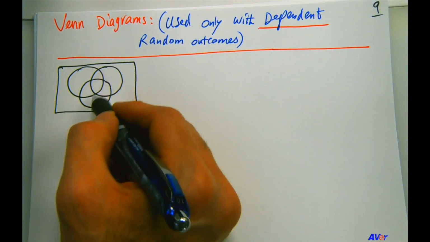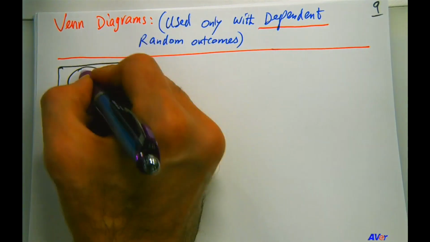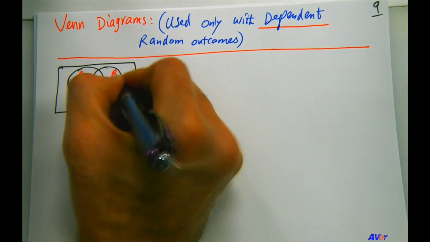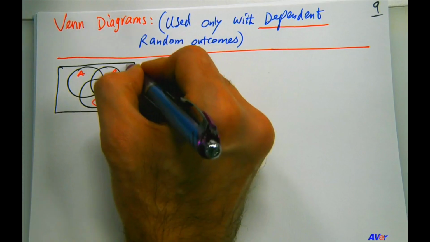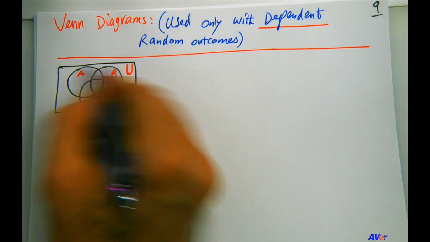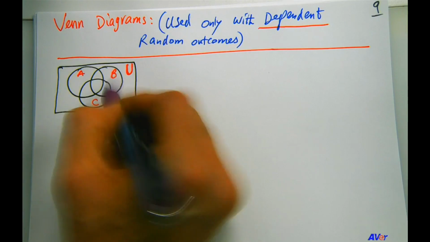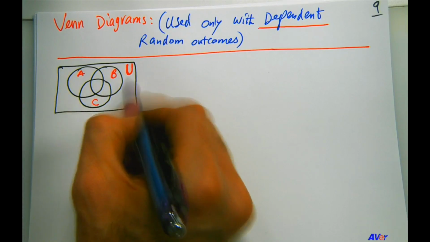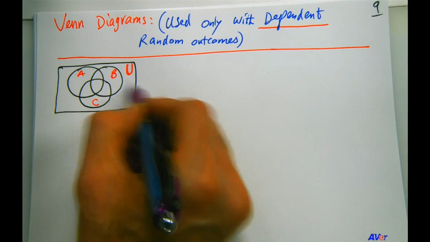You don't have to have 3 circles. 3 circles means 3 sets of events. So set A, set B, set C, and of course this box in totality is the universal set. So the universal set is everything inside the box, including A, B, C, including the part of this box that is not part of A, B, and C, right, out here.